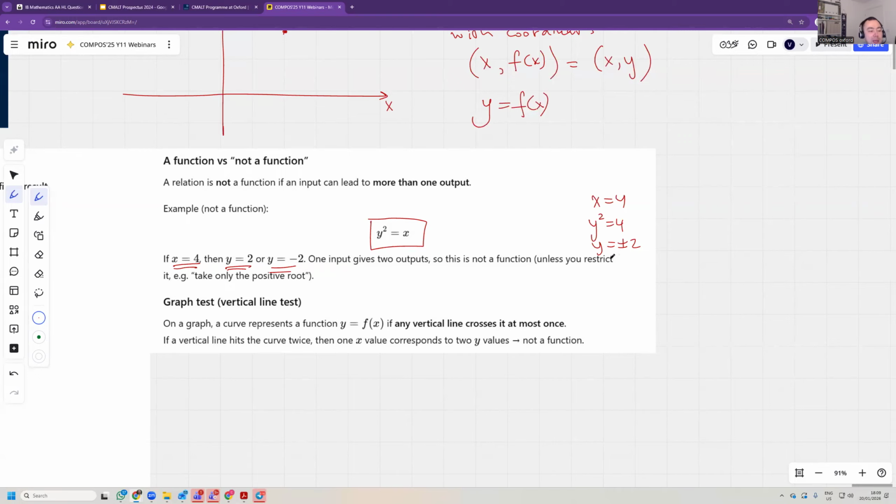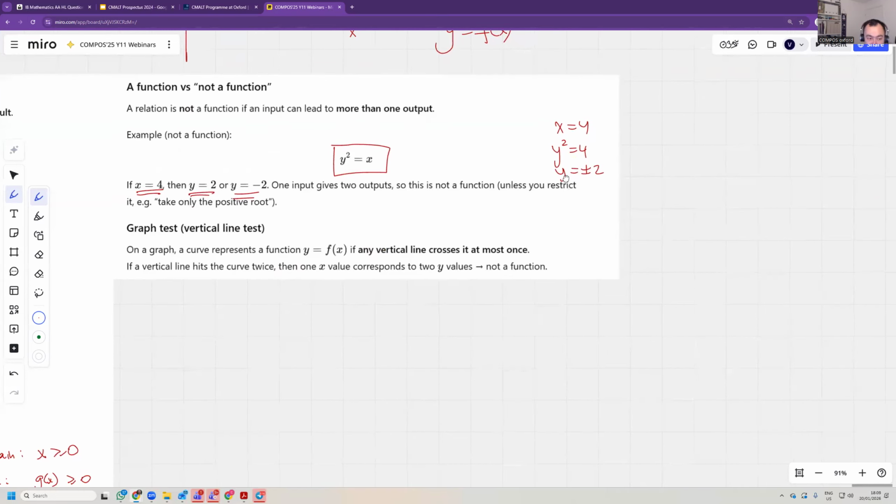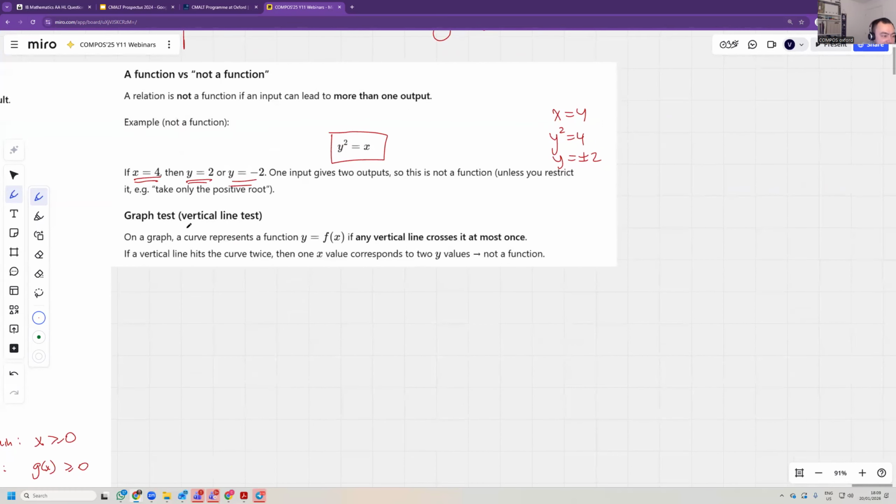Okay. And the test for whether something is a function or not is the vertical line test. So for example, if you have a graph which looks like this, you draw vertical lines.